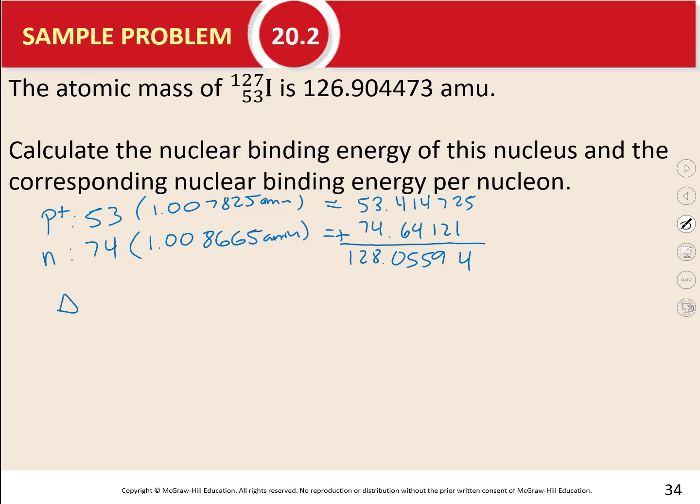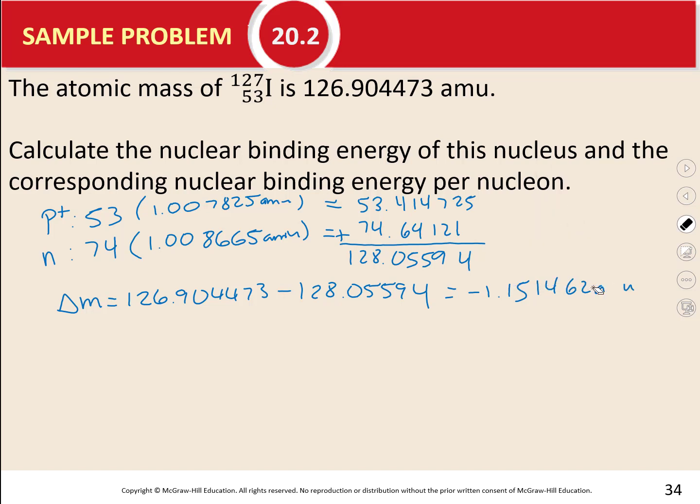So to find our mass defect, or delta M, it's going to be the measured that was given in the problem minus the calculated we just calculated. Atomic mass units.